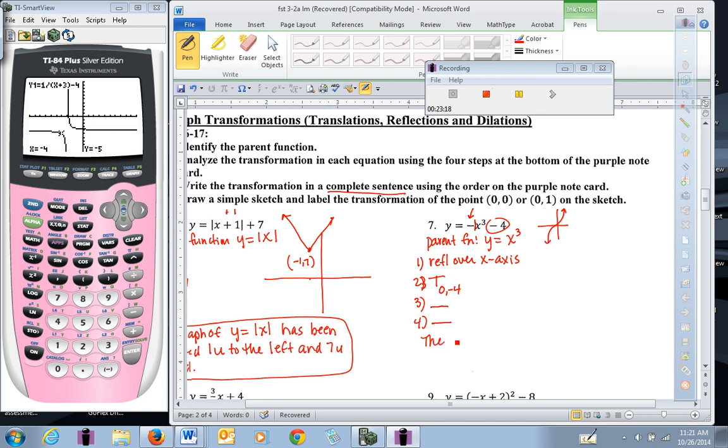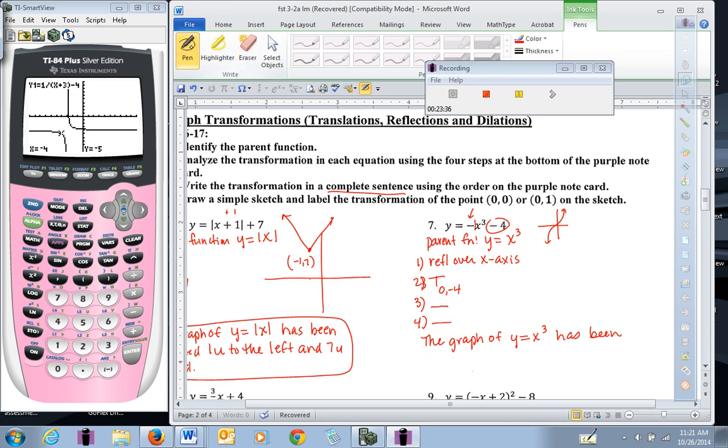So we're just going to write the graph of y equals x cubed has been, and then we're going to say translated. No, we're not going to say translated. Sorry about that.